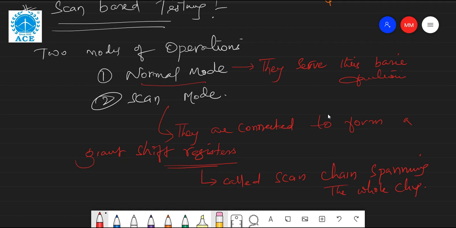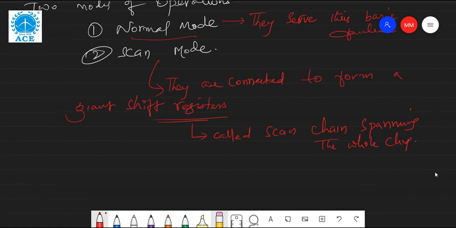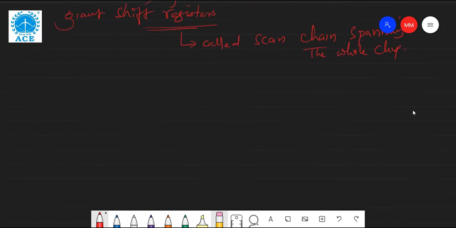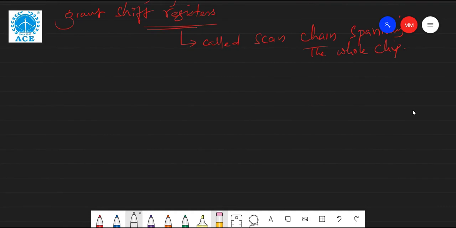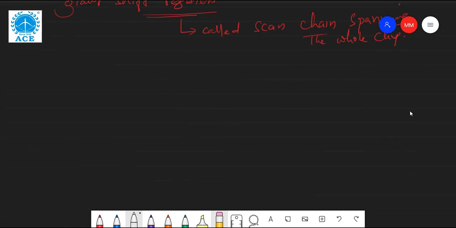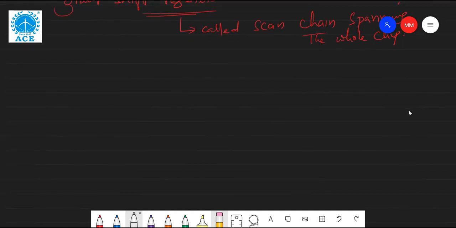Now let us see how the structure is arranged and how they will test. Suppose this consists of multiplexers, and we have four muxes.